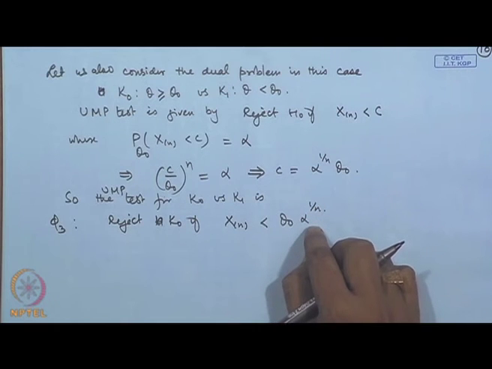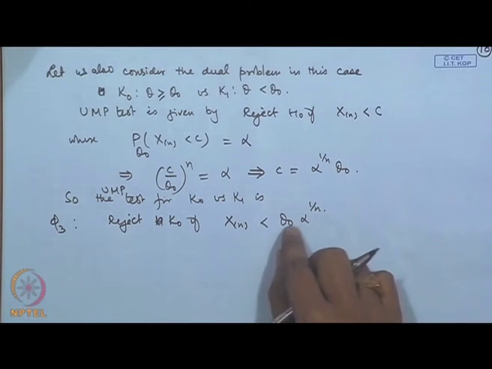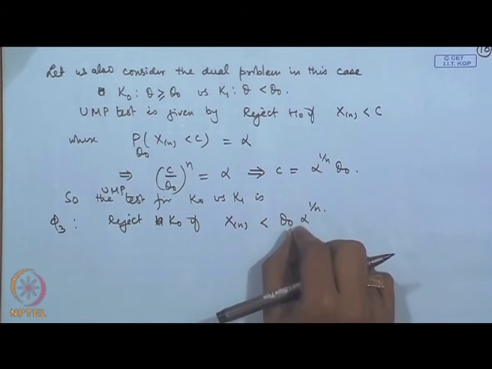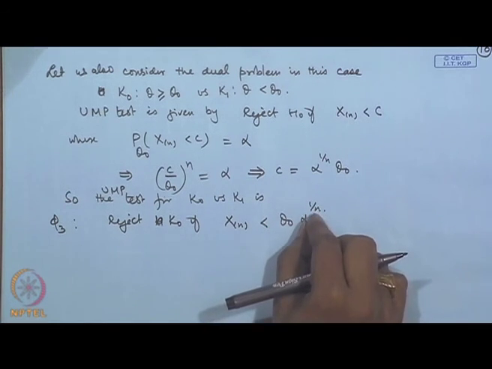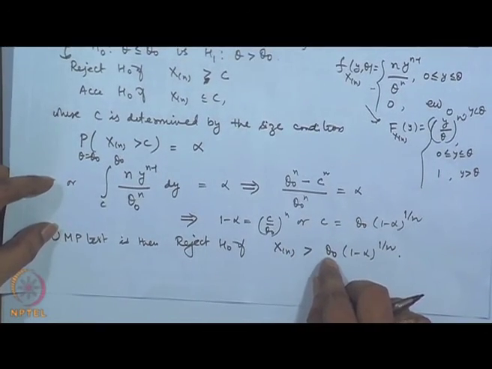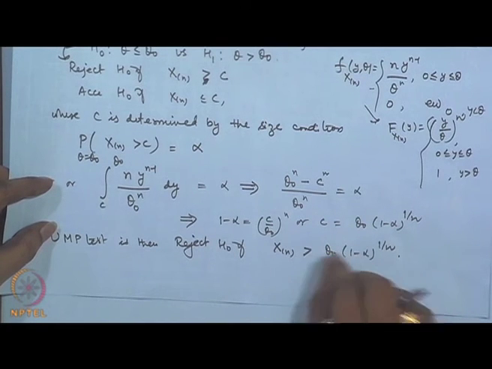Notice here that in both the cases we have shifted a little bit from theta naught. Note that alpha is less than 1, so alpha to the power 1 by n is also less than 1. So the cutoff point is theta naught, but slightly less than that, whereas for this one the cutoff point is again a little less than theta naught, not exactly greater than or equal to theta naught.